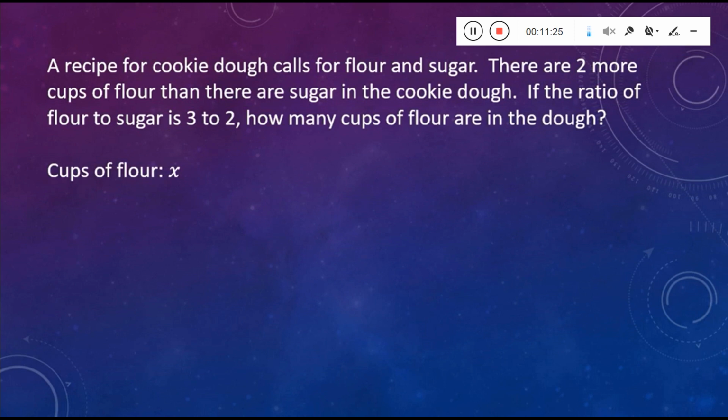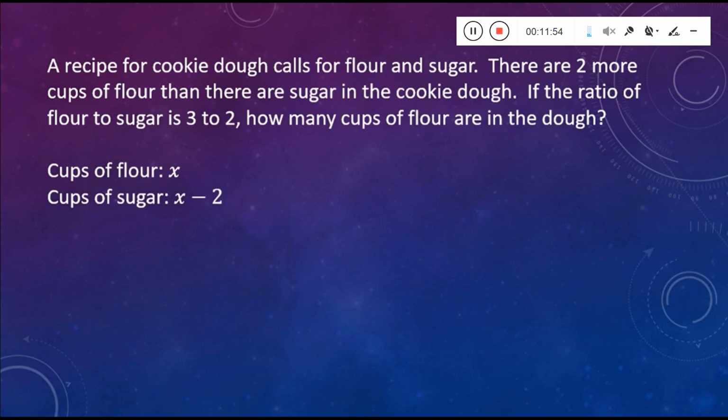Now the problem said that there were 2 more cups of flour than there are cups of sugar. So if x is equal to the number of cups of flour, then since there are 2 more cups of flour than sugar, the number of cups of sugar is going to be x minus 2. As we can see right here.